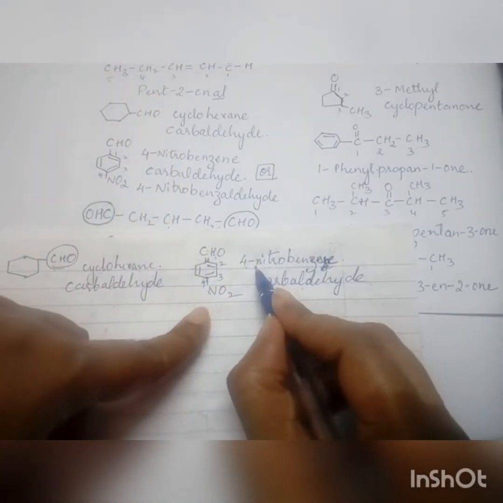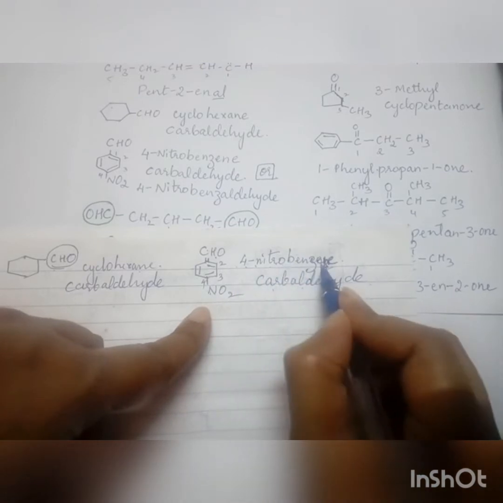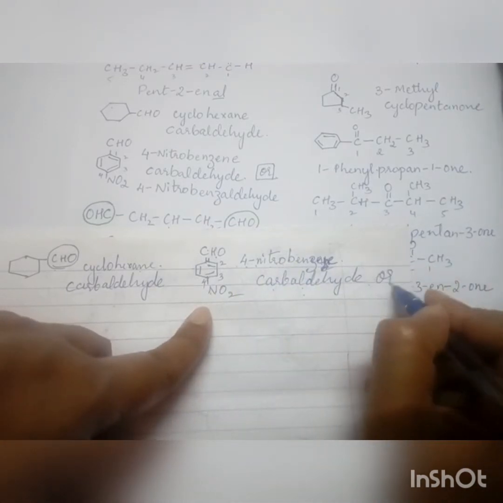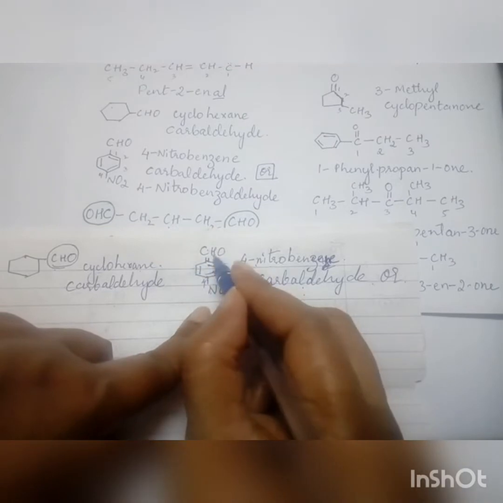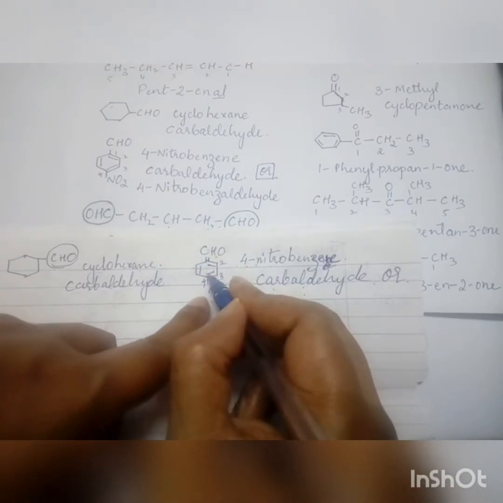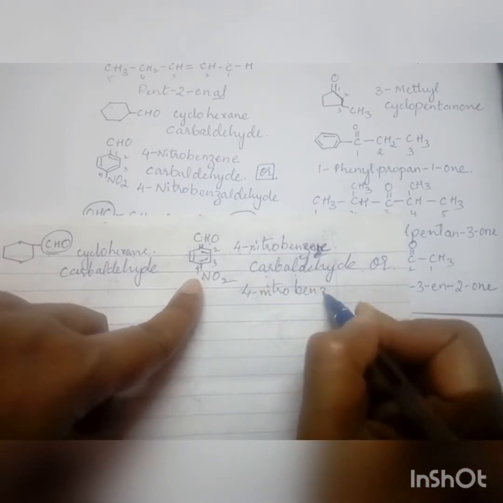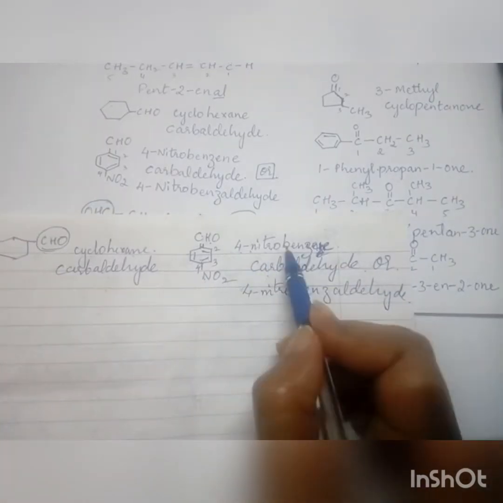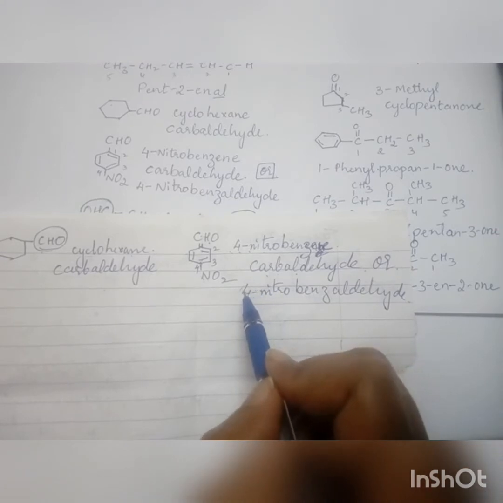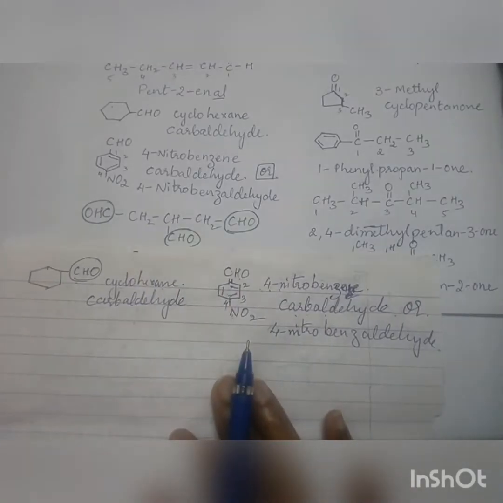So either you can write it as 4-nitrobenzene carbaldehyde, or, since this is benzaldehyde and on the fourth position a nitro group is present, you can also write it as 4-nitrobenzaldehyde. So both the names are accepted. So this is how we are going to name the aldehyde.